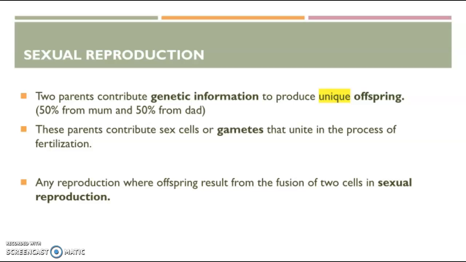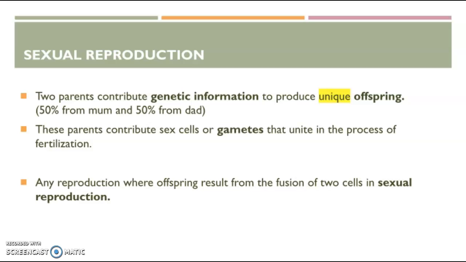And we'll go into the processes as to why our siblings are different to us then. But yes, they are unique offspring and they require two people, or two mates, I suppose, to contribute their genetic information to create that offspring.